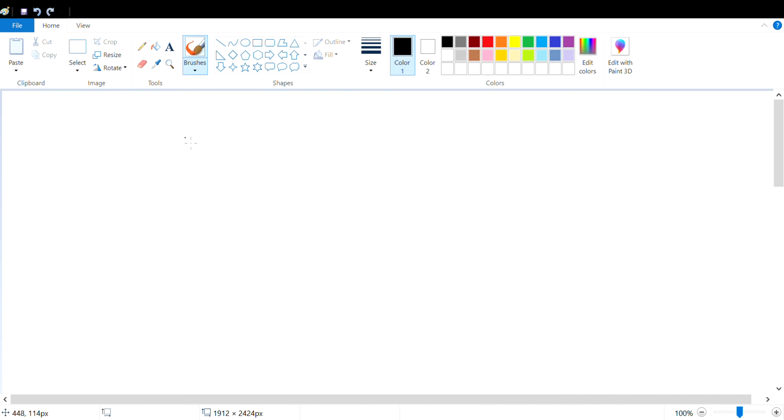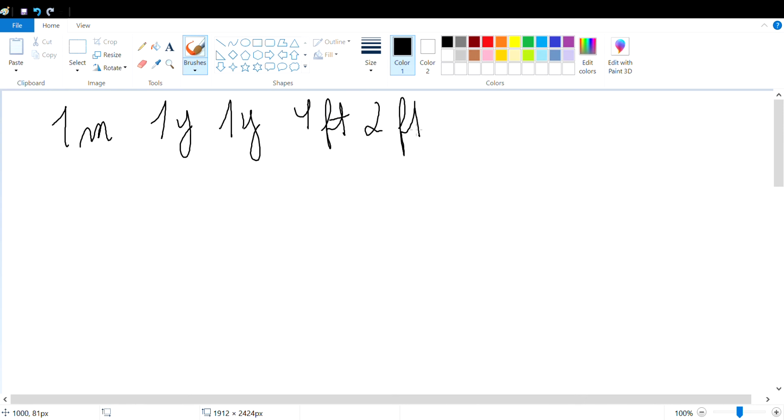Now I'm going to go with the other problem that was the addition. First, the addition. The addition says that I have 1 mile, 1 yard, 1 yard, 4 feet, 2 feet, 3 feet, 5 inches, 3 inches, and 4 inches.